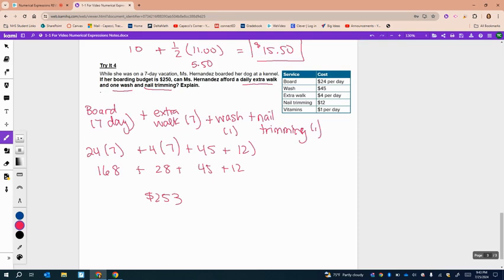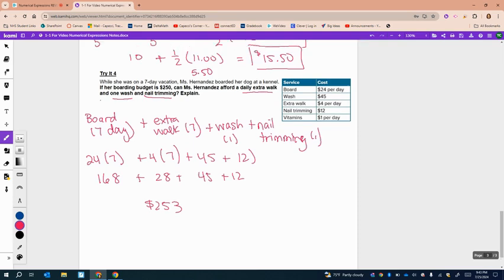It says, can she afford it, right? Can she afford it? Well, the answer to that question is no, okay? She can't afford it. And why is that? Because it's greater than her $250 budget.